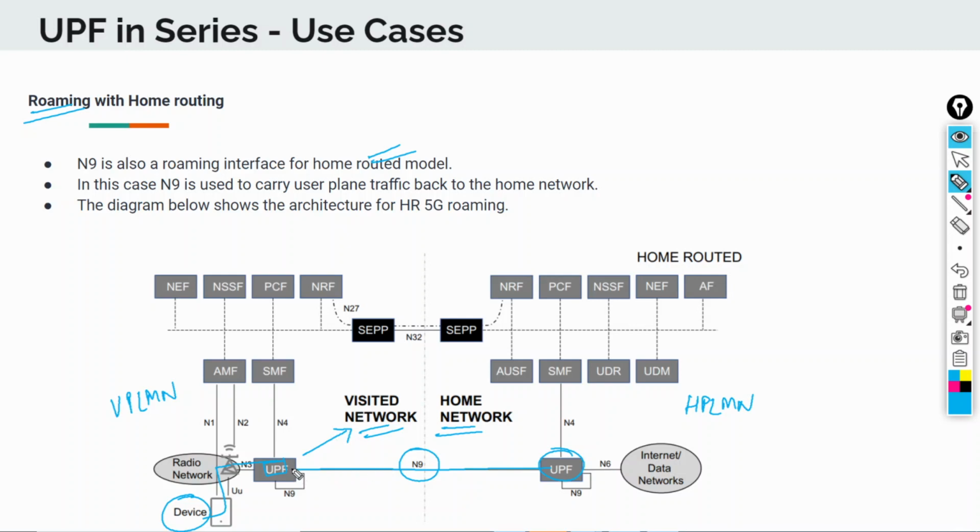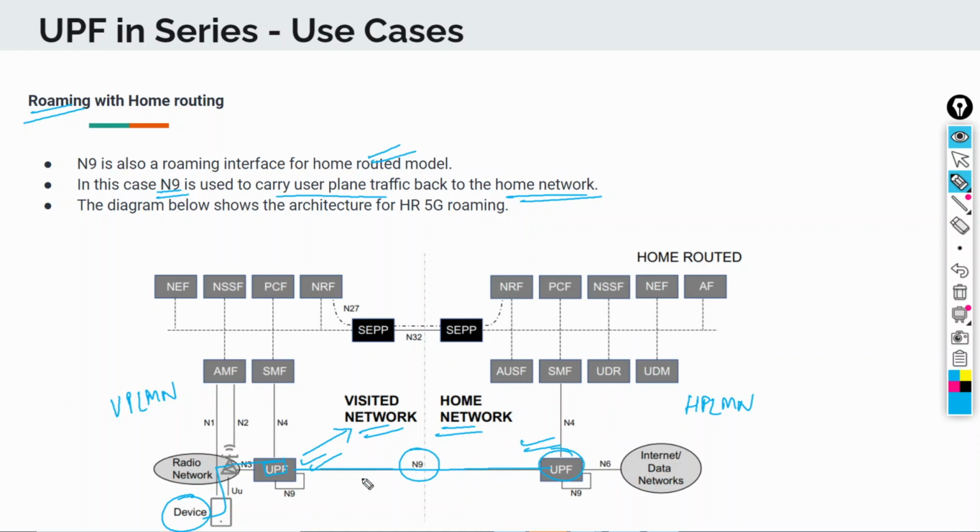So again, you need to have the capability to connect the visited UPF and the home UPF in series for this communication to happen. And this is again a use case for connecting UPF in series. So this N9 is used to carry user plane traffic back to the home network, right, as we had seen. And this is the architecture for 5G roaming.